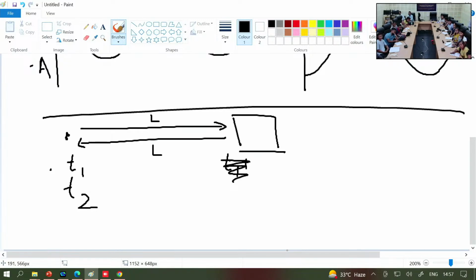So, we know only the sending and receiving time. Sending time is t1, receiving time is t2. The time difference between these two is t2 minus t1.